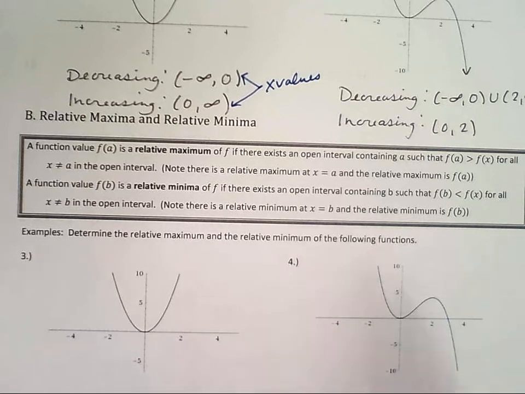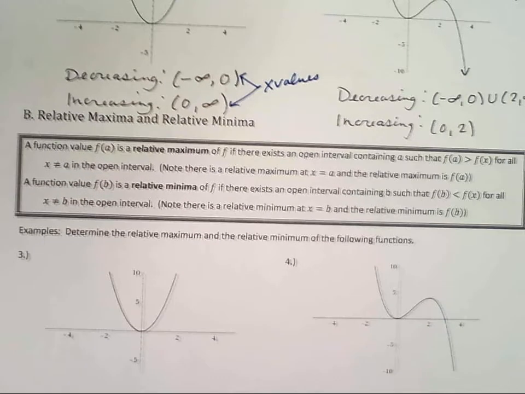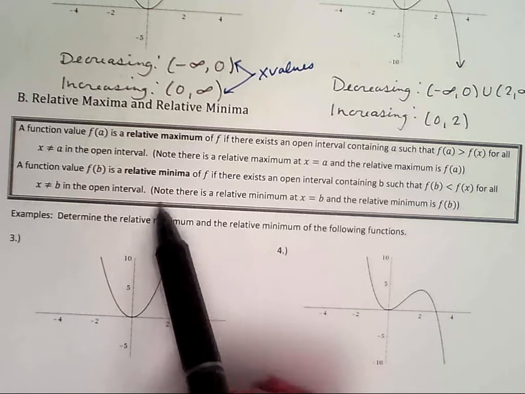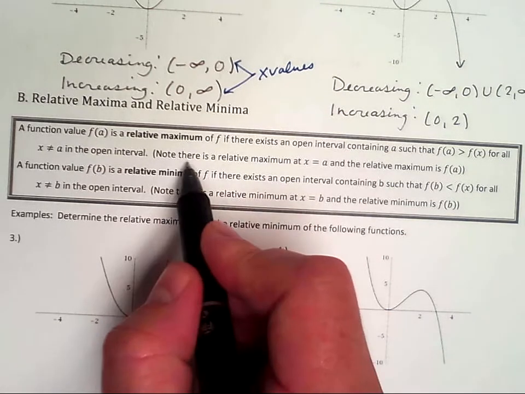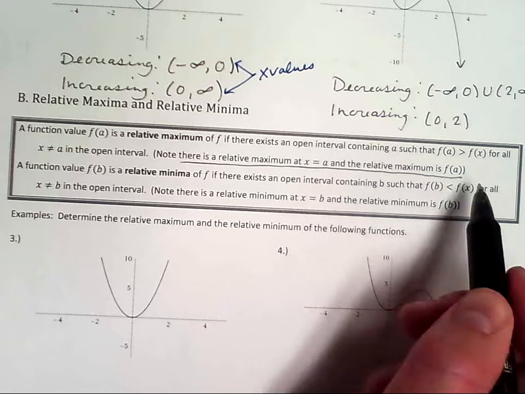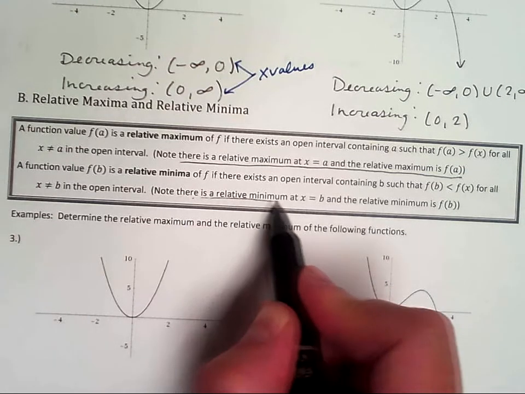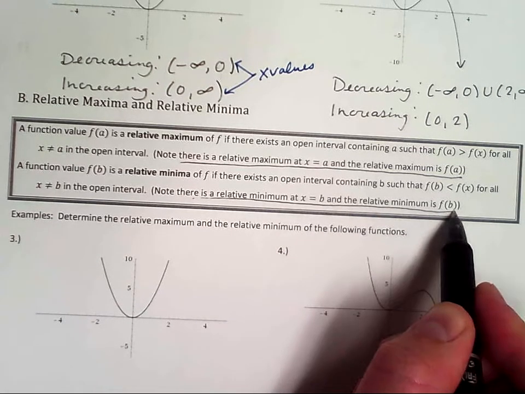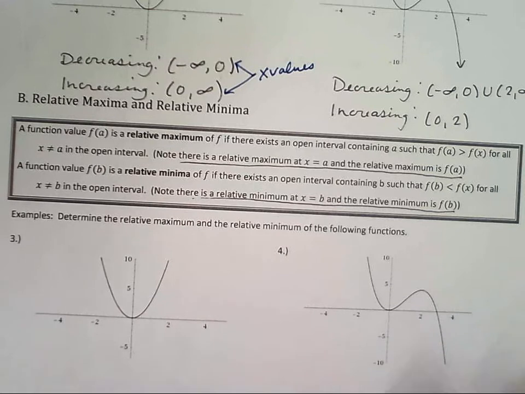Relative minimum is the smallest value. So this right here is important. There's a relative maximum at x equals a, and the maximum is f of a. Here there's a relative minimum at x equals b, and the minimum is f of b. So the minimum value is the y value, and you get a minimum value at your x value. Okay?